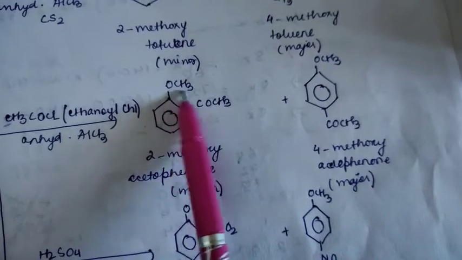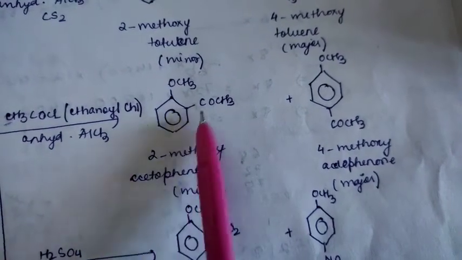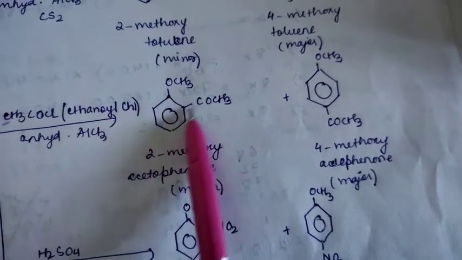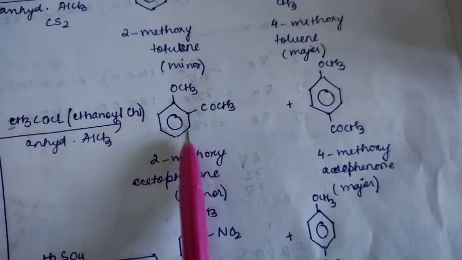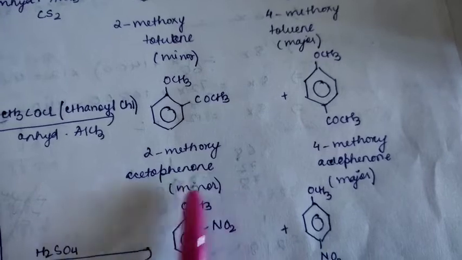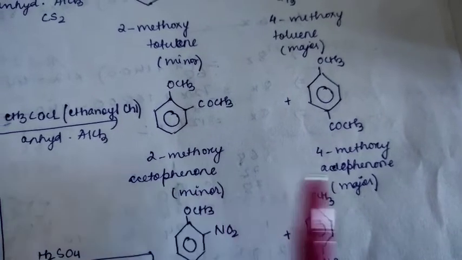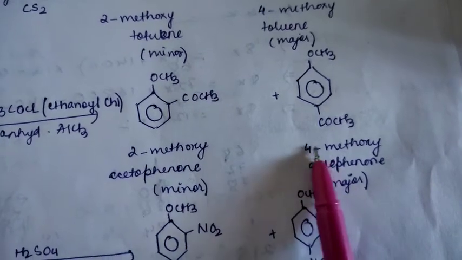Here also this is the methoxy part, so it is called 2-methoxyacetophenone. This part is the acetophenone, and with respect to this group, this is the ortho position, right? So 2-methoxyacetophenone is the minor product, while the para compound is the major product, which is known as 4-methoxyacetophenone.